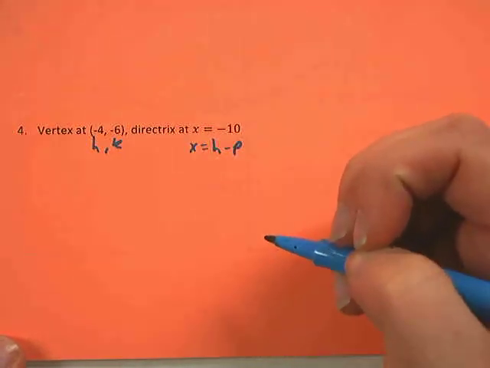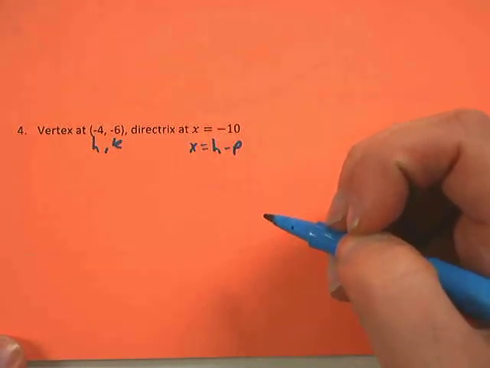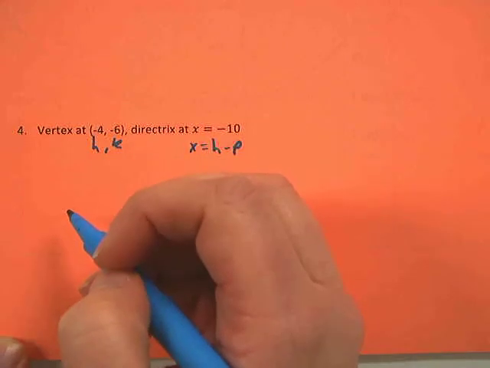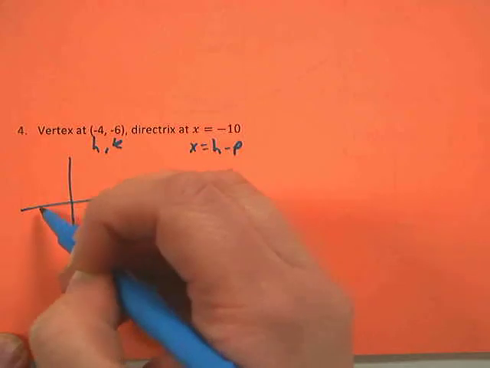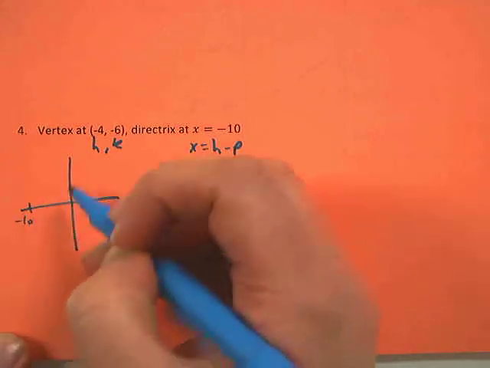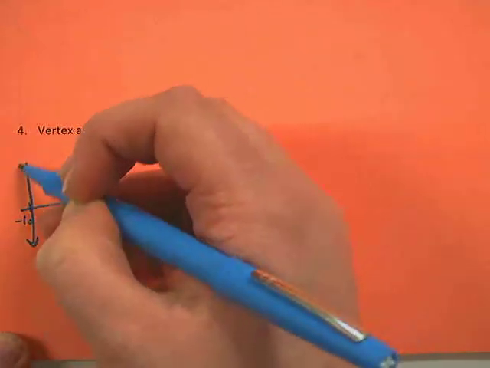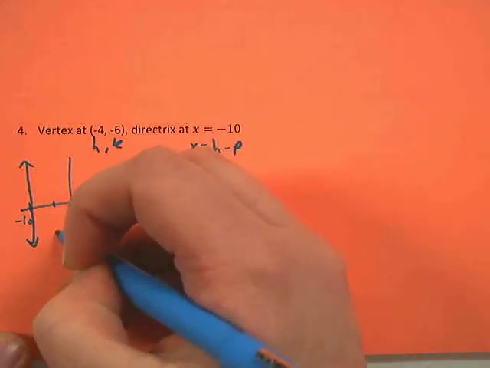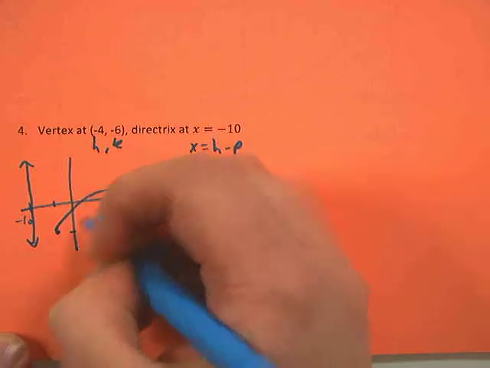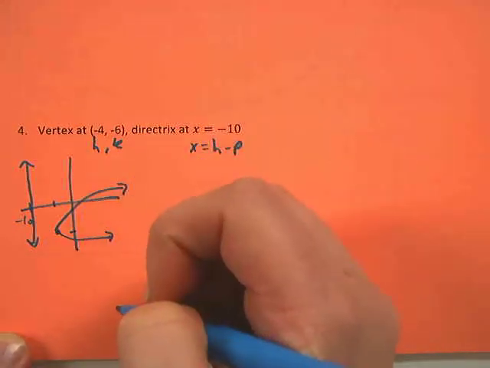So there's a few ways that we can look at this. We know we need to figure out which equation we're going to be using. So if we want to, we can make a graph really quick and go, okay, this is -10, so x equals -10 is our directrix, and then our vertex is over here at -4, -6, so that tells us the parabola is going to open up to the right.